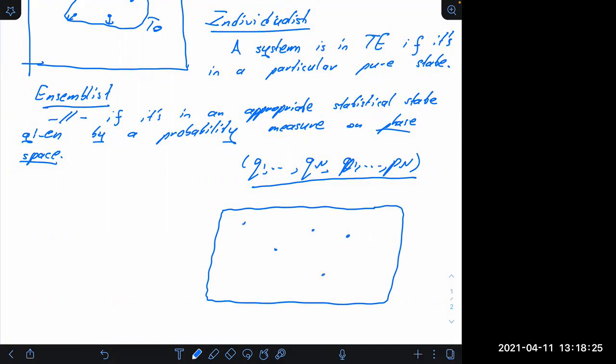Okay, so now we understand what a phase space is. What does it mean for there to be a probability measure on phase space? That's really weird. What do we actually mean by that?